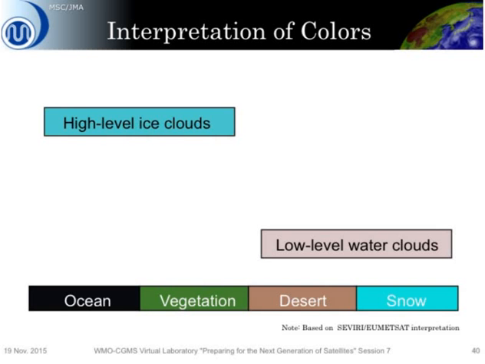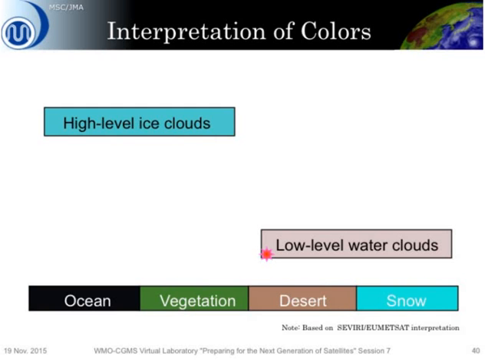Here is the interpretation of colors in the natural color RGB. This color means ocean, and green means vegetation. Brown means desert, and light blue means snow. These four are the land surface properties.